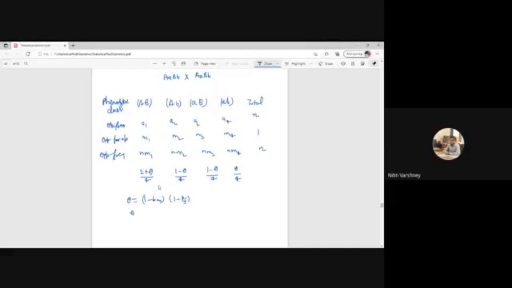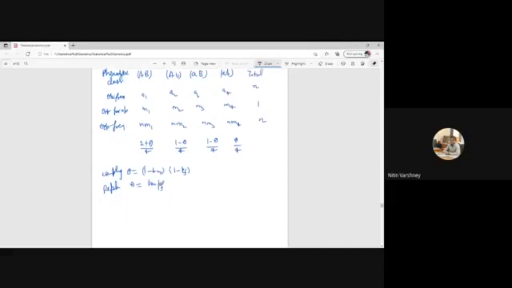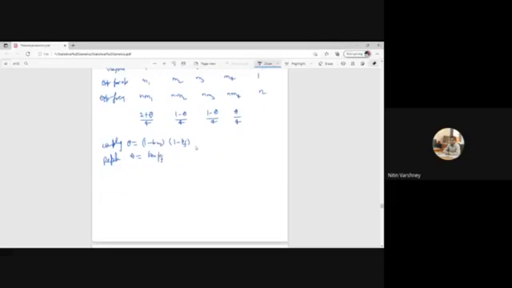This is in case of coupling, and in case of repulsion, theta is Pm into Pf. Okay, so these are M1, M2, M3, M4.